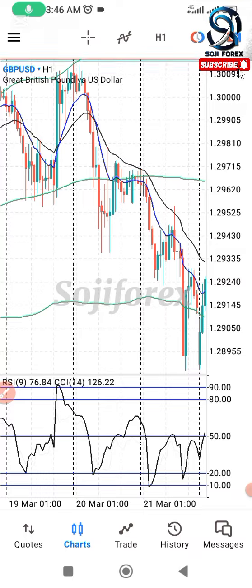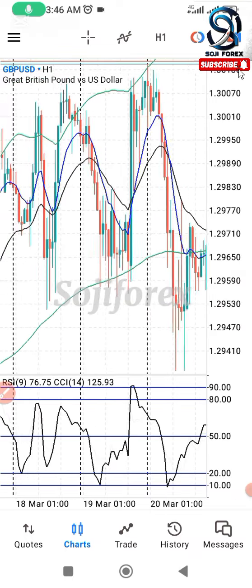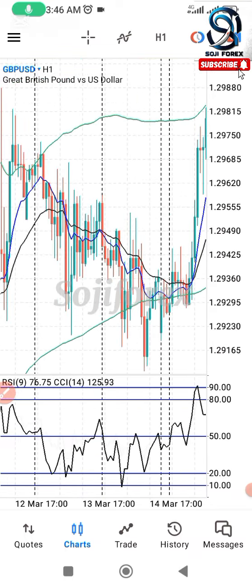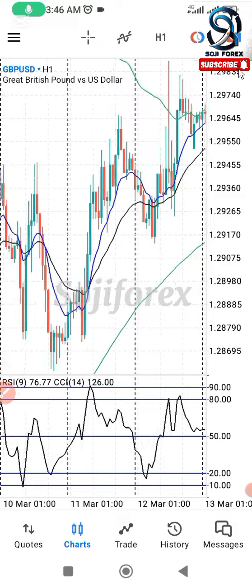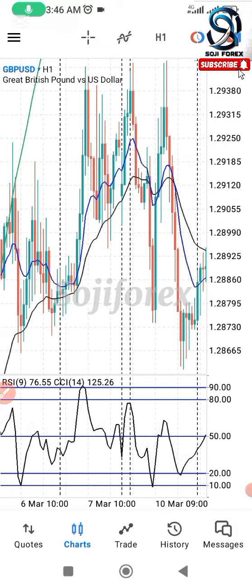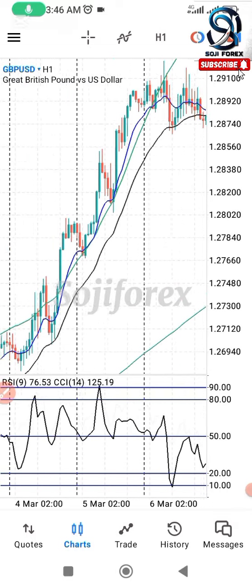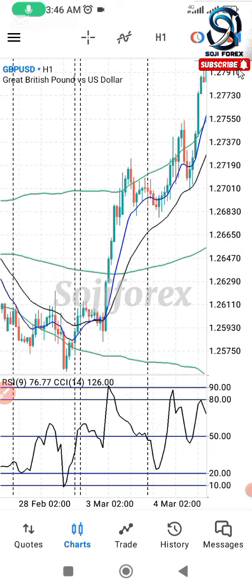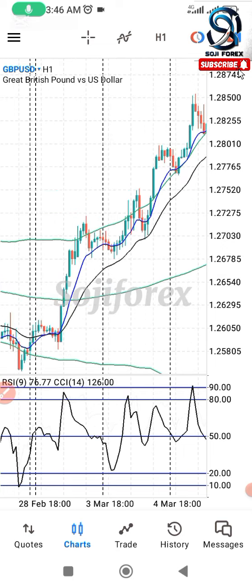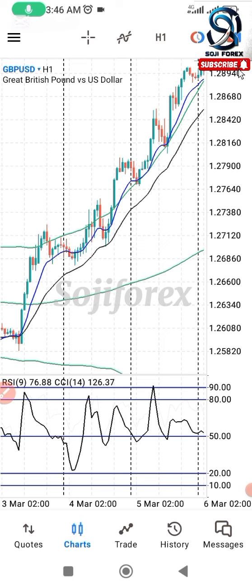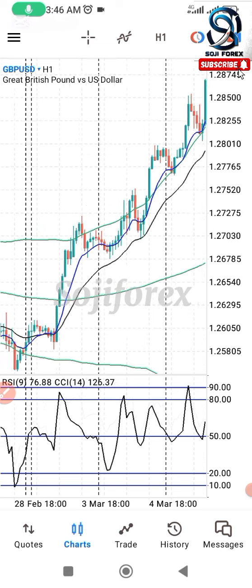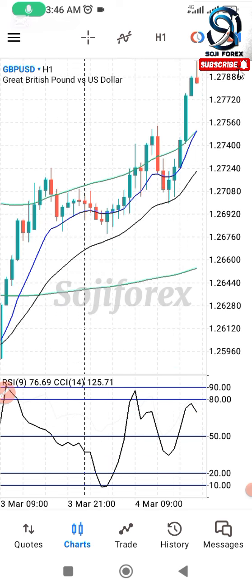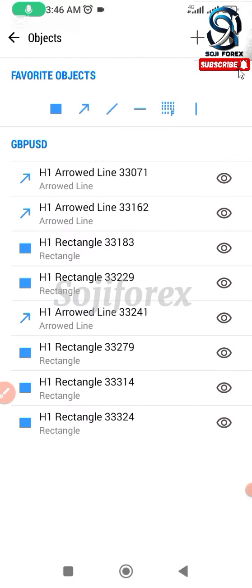So let me show you more examples and exactly how this works perfectly well in a trending market scenario. Okay, here we have this.